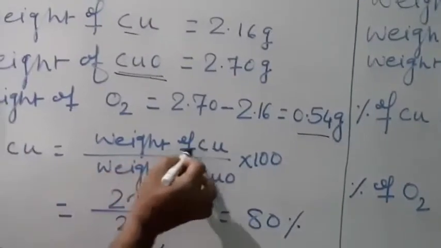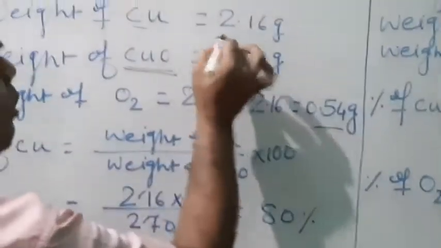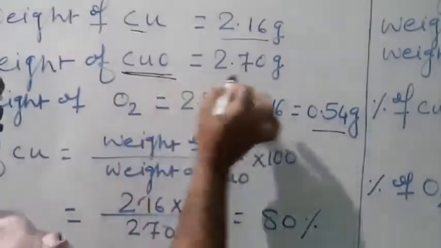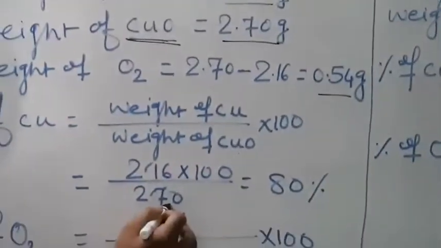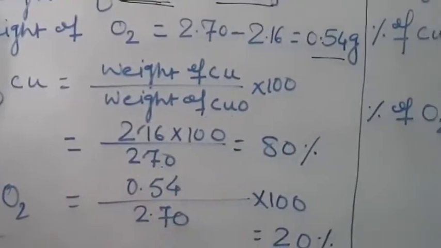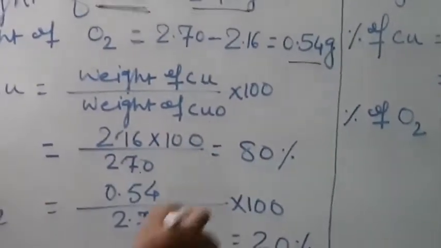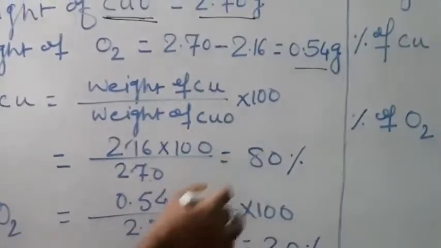Now we have the weight of copper 2.16 gram into 100, by weight of copper oxide 2.70. Now if you solve it, it will come approximately 80%.